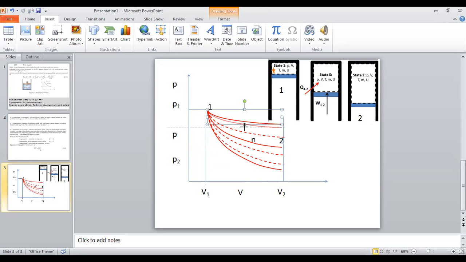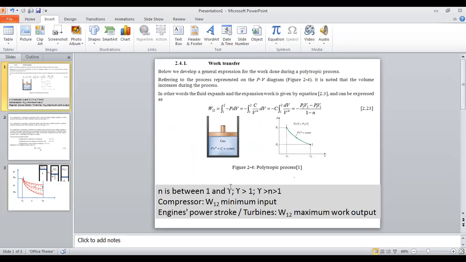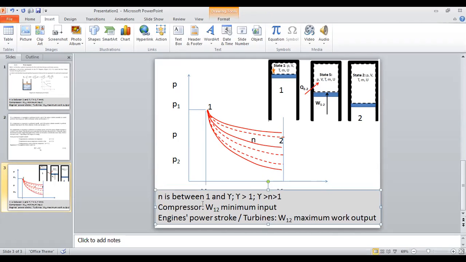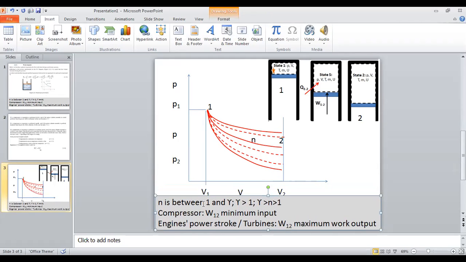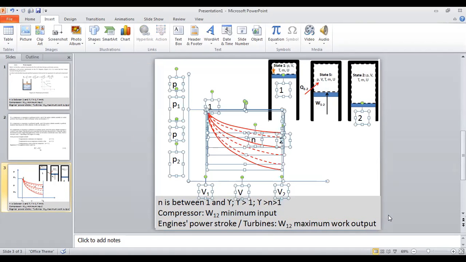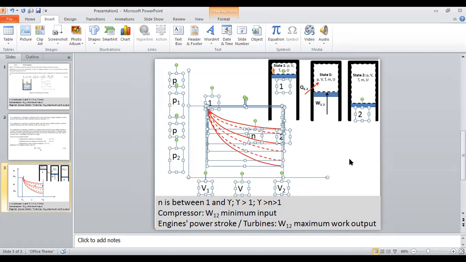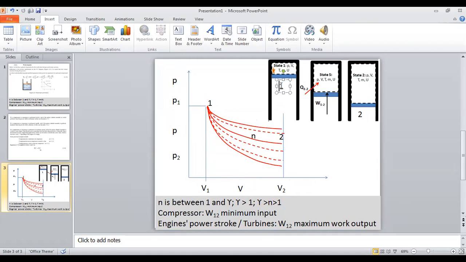Let's say this is a bit steep. That's why this N variation, as mentioned here, let me bring this text here. N is between 1 to gamma. So that is the limits.